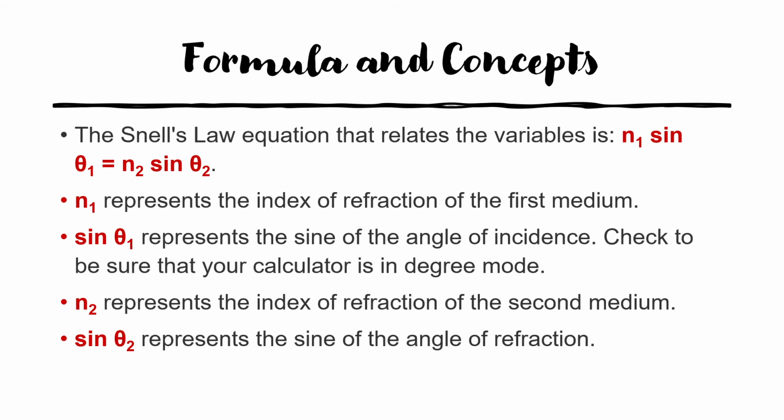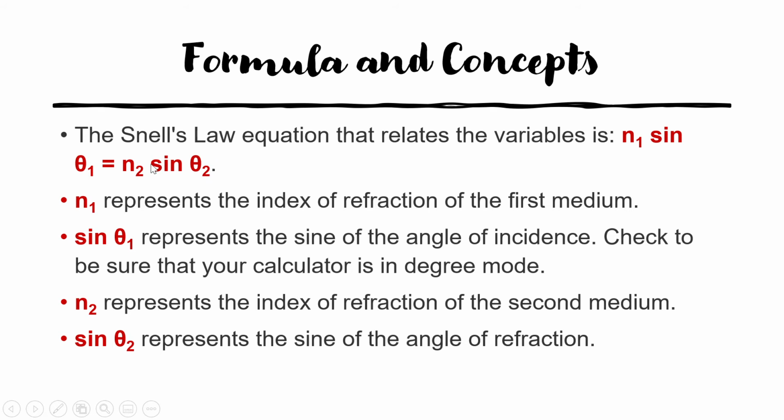The formula is very simple. You can notice that n1 is multiplying sin of the angle 1, and the index of refraction 2 is multiplying sin of the angle 2. It is necessary to remember this because we're going to be rearranging the formula later on. For example, if we want to find the index of refraction of our second medium, it will be pretty simple.